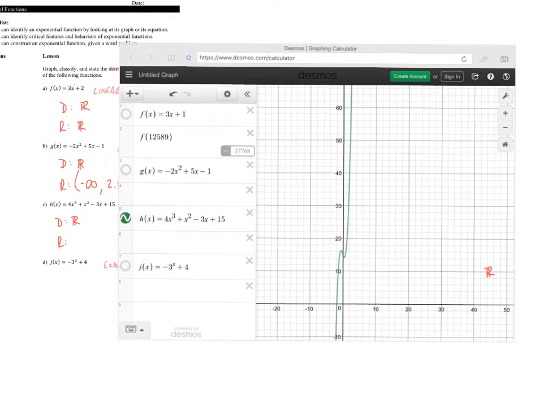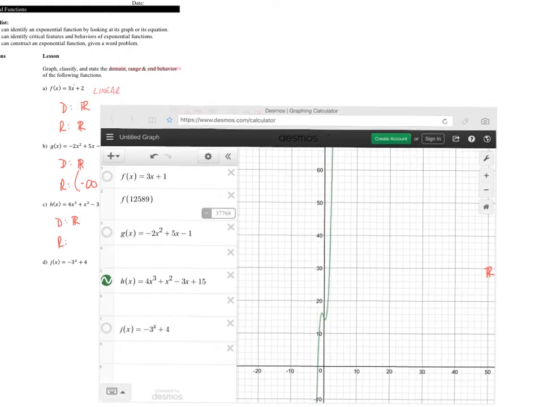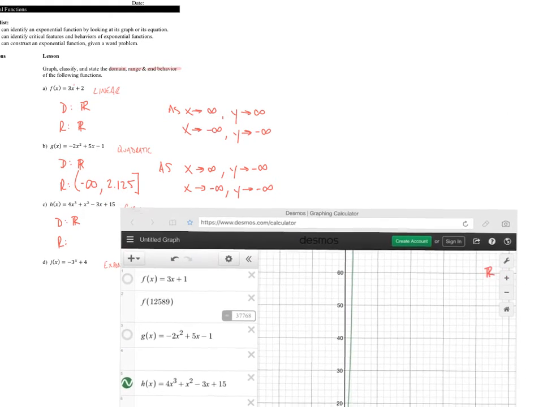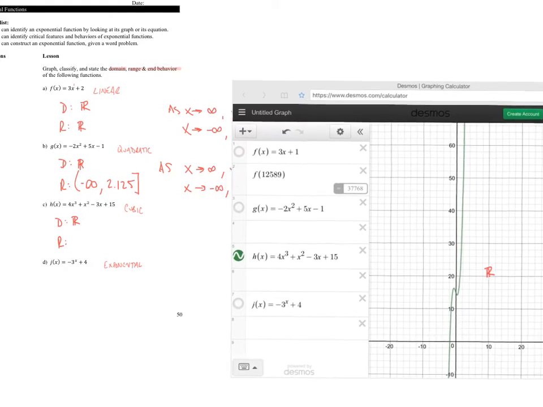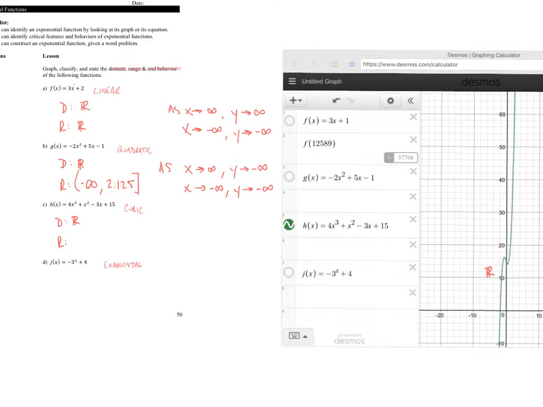But let's talk about end behavior. Which one will end behavior be most similar to? So as x approaches infinity, what's happening to this function? Well, it looks like as we go this way, the function's going up.